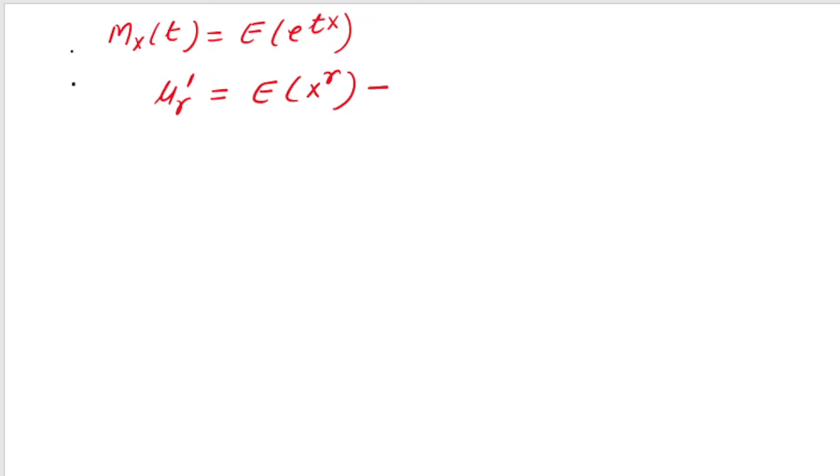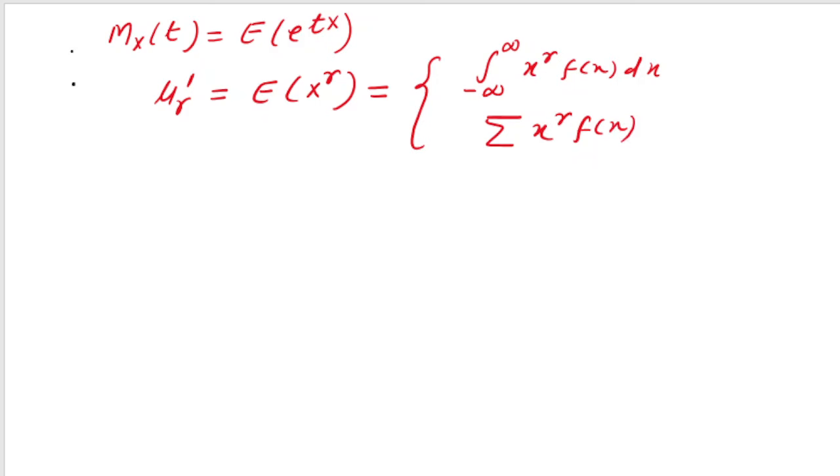And if I ask you what is the expectation of x to the power r, in case of a continuous random variable, it will be the integral from minus infinity to infinity of x to the power r into f of x dx. For a discrete random variable, it will be the summation of x to the power r into f of x, taken over the entire range of x.